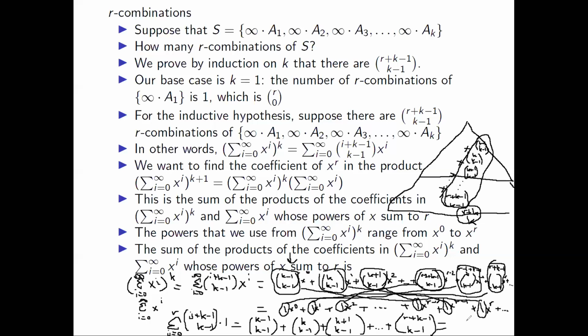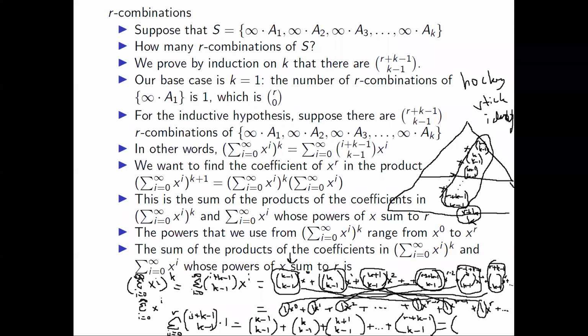So this sum, by the hockey stick identity, which we proved on the last video, we get for this sum just r plus k choose k. And we proved that identity by induction in the last video. And this is exactly what we wanted to prove.